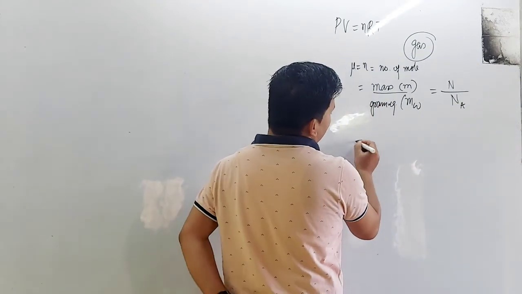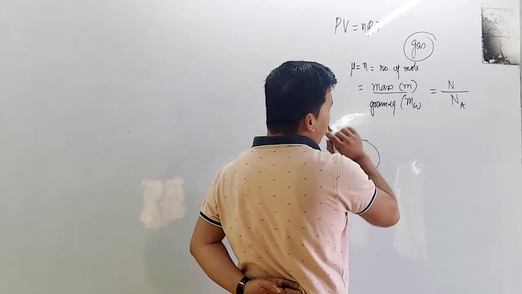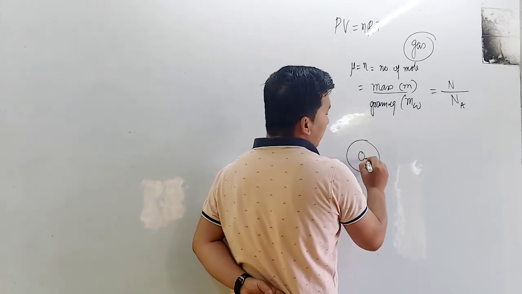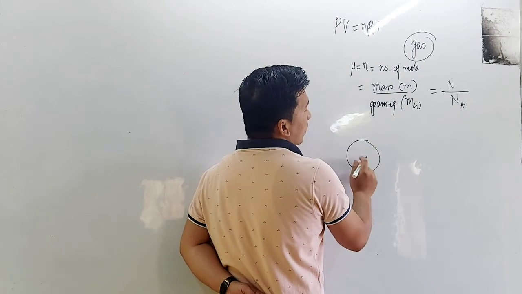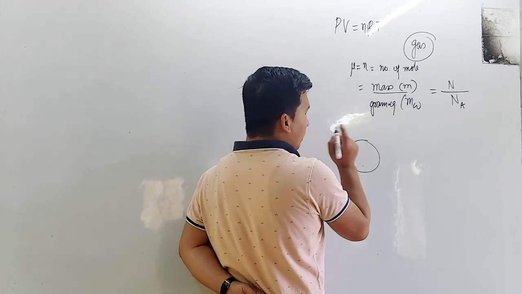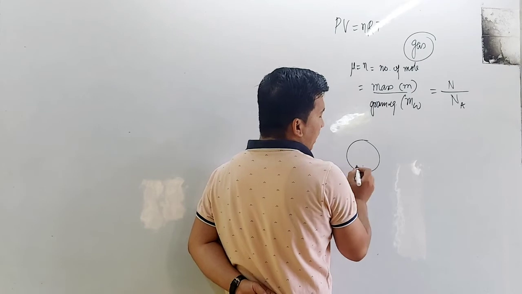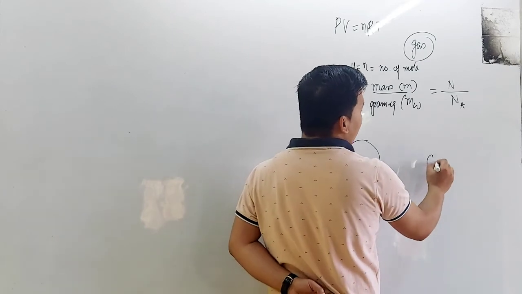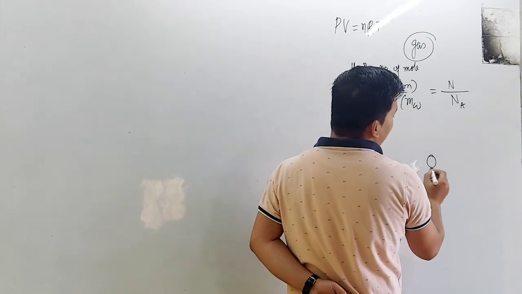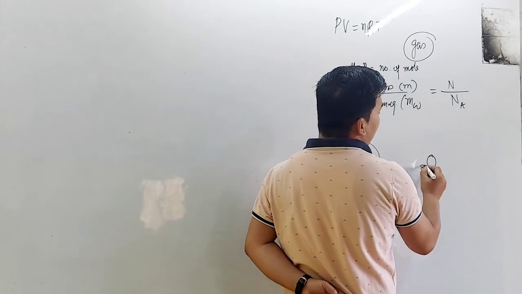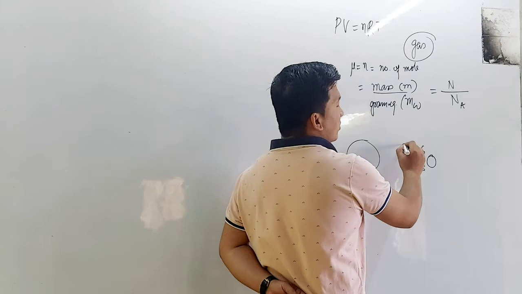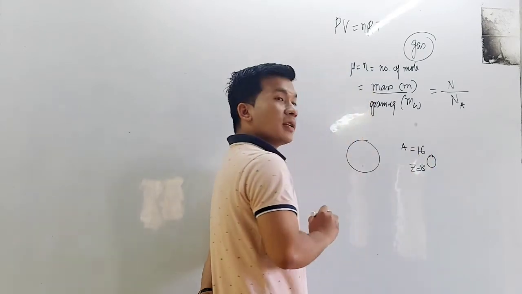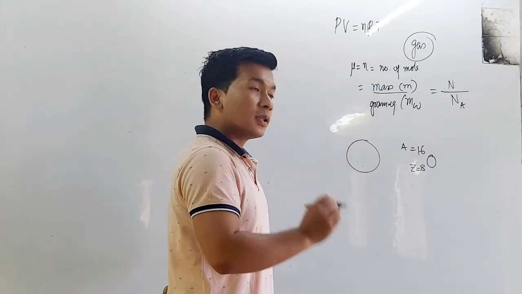Take the oxygen atom. What is the molecular weight? Oxygen has atomic number 8 and mass number 16.